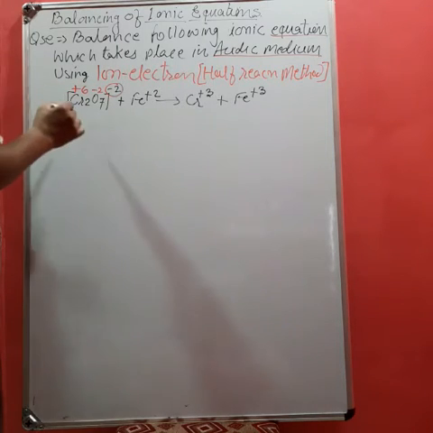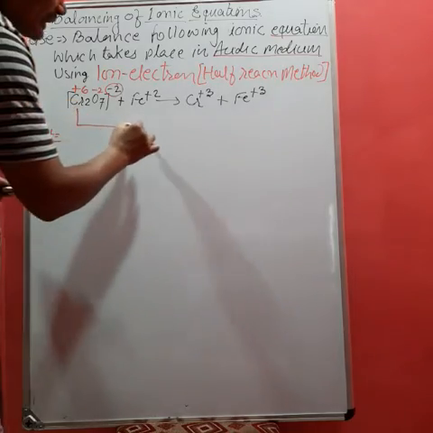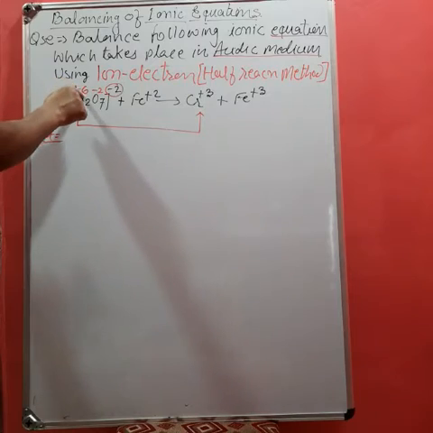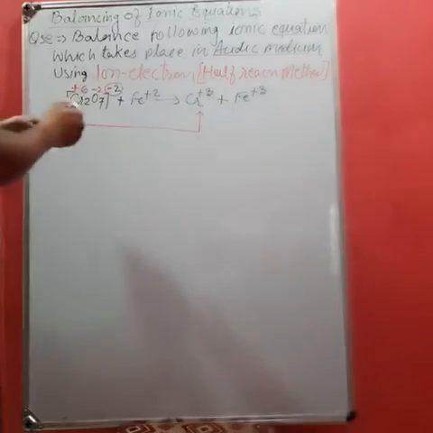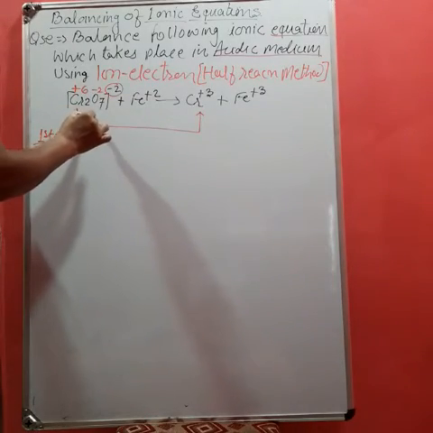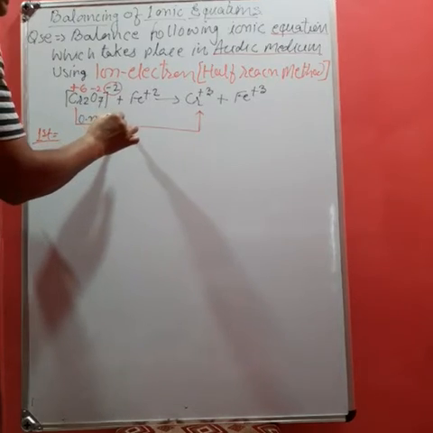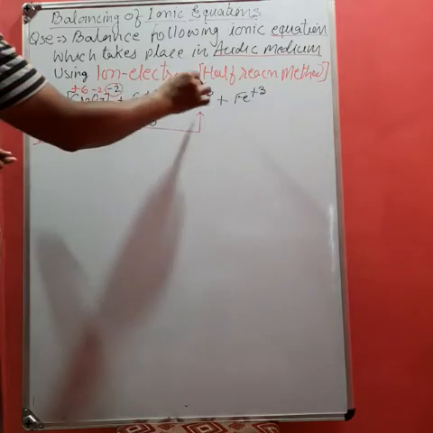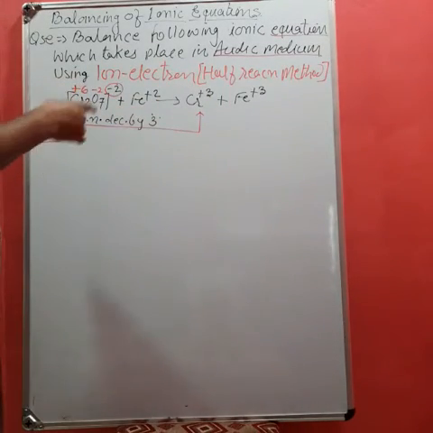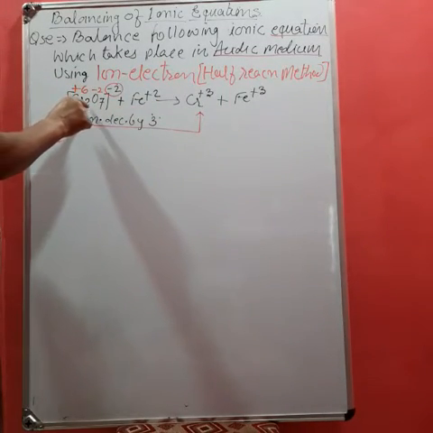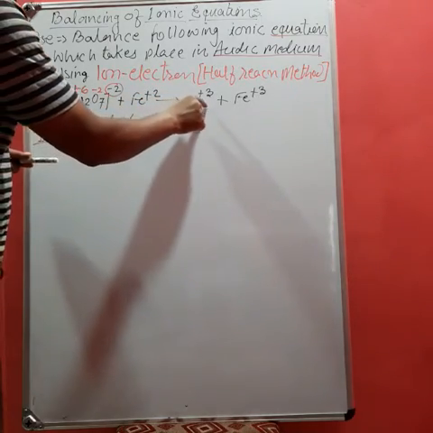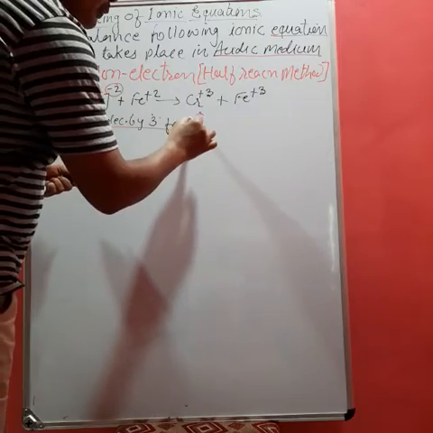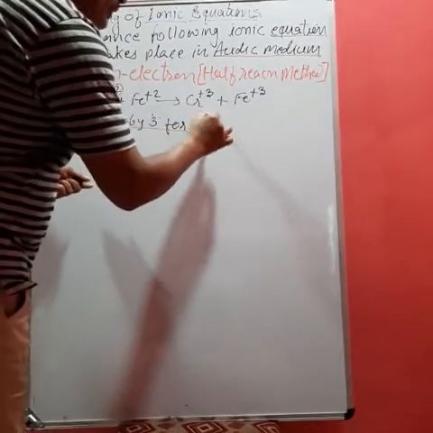So what to find? How to find? Compare the reactant species with the product species and find plus 6 is converted into plus 3. So you can simply write the oxidation number decreases by 3, plus 6 to plus 3. But here there are 2 chromium atoms, but here only 1. So we have to write for 1 atom.